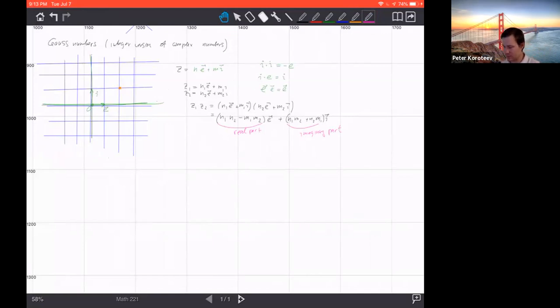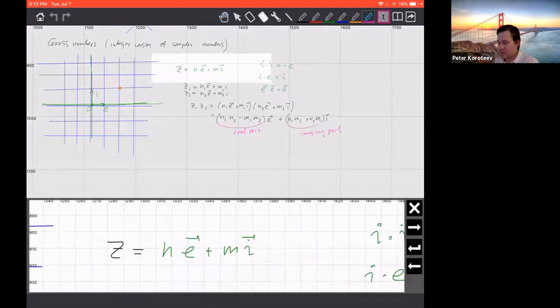We should think of Z as the normal linear combination, so we just add vectors as usual, but in addition to this, we can also multiply. So multiplication is the new element here.